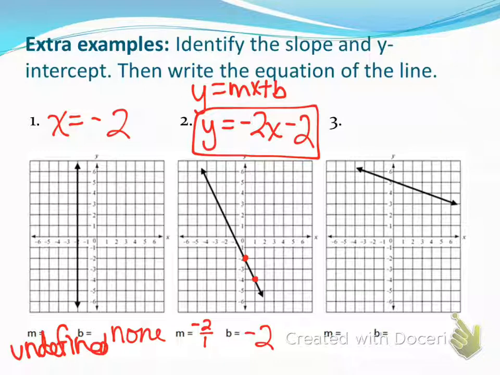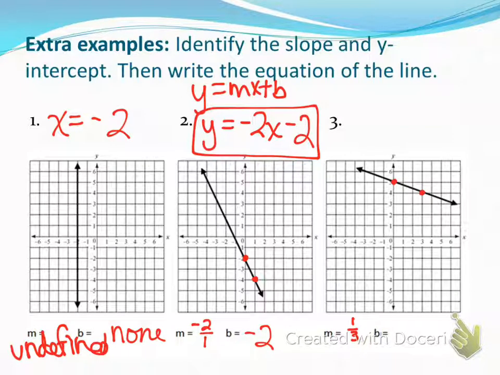All right, on number 3. Again, I know these are a little hard to see, so I'll try to mark some points for us to use. Any volunteers to help us identify our slope and our y-intercept? Keon? 1/3. Our slope is 1/3, but should it be positive or negative?